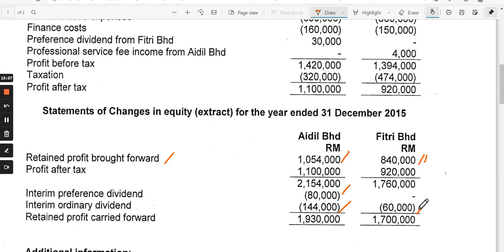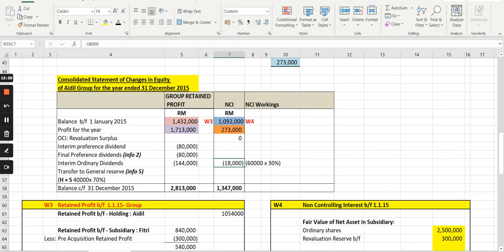So 60,000, you need to multiply by 30%. That will give you the portion of the dividend that you report in your consolidated financial statement, which relates to the non-controlling shareholder. You will not report the portion declared which relates to the parent company because those are intercompany transactions and that has to be eliminated.